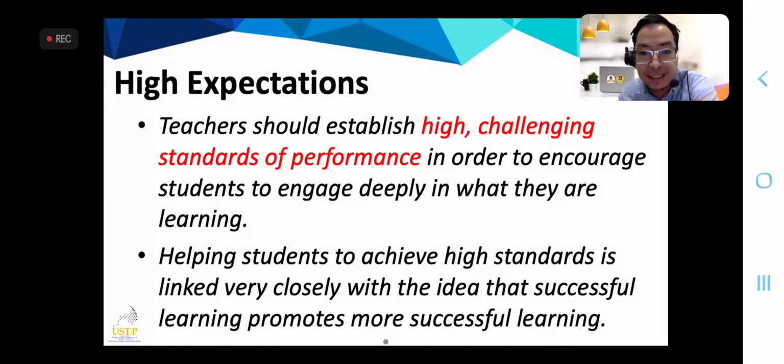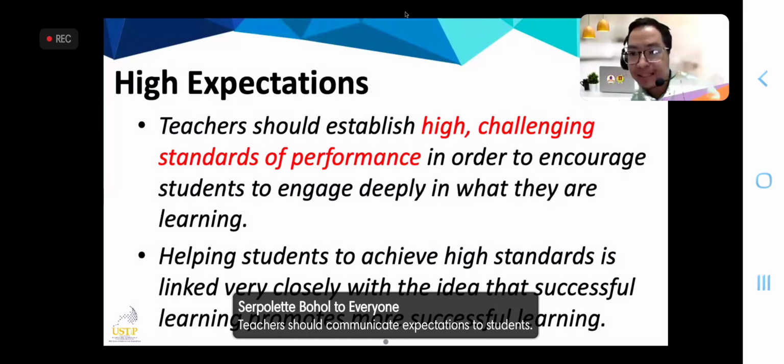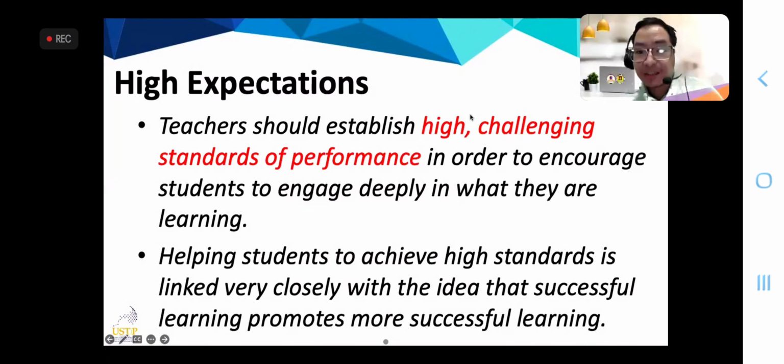But if you set a high standard as a teacher, but you do not teach, you do not provide examples, you do not give them the necessary skills, then definitely your students will not learn anything. But if you provide them all the necessary skills to be able to achieve the highest standard of performance in your course, then they will be very motivated.